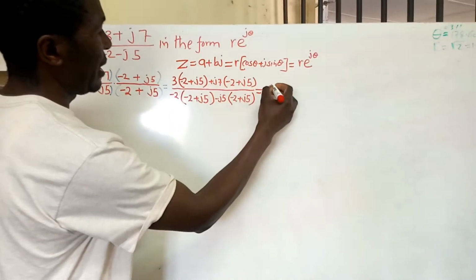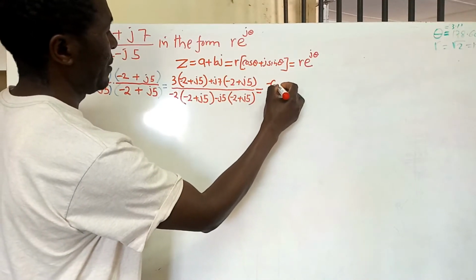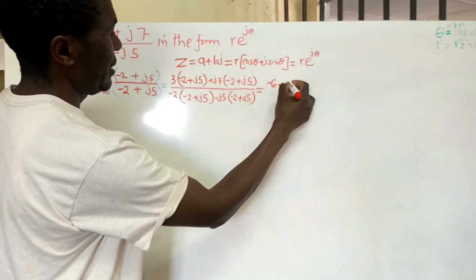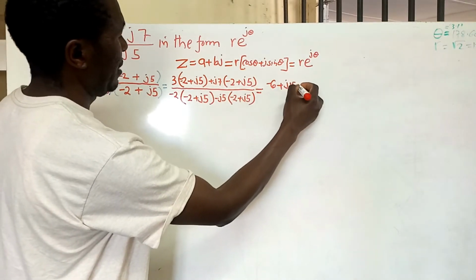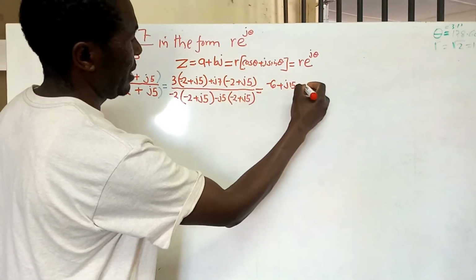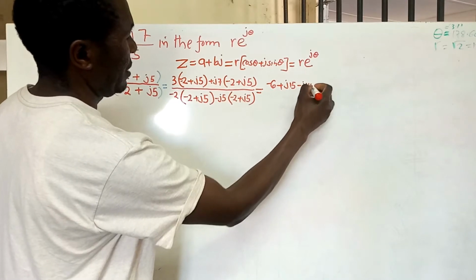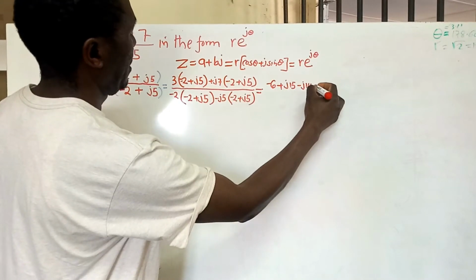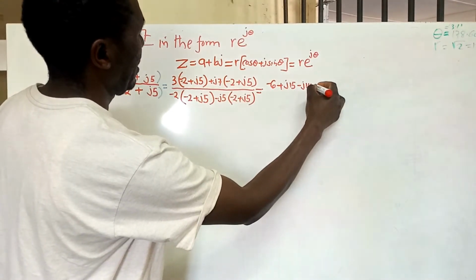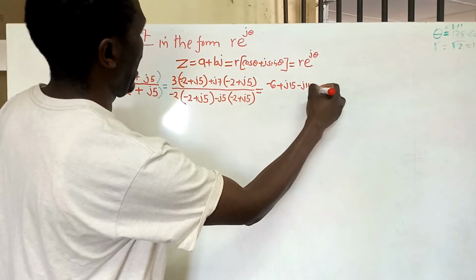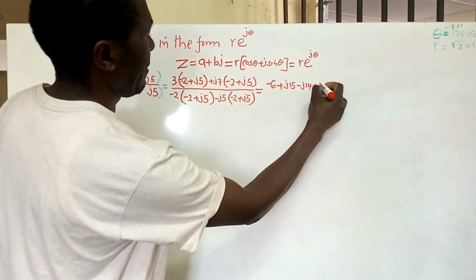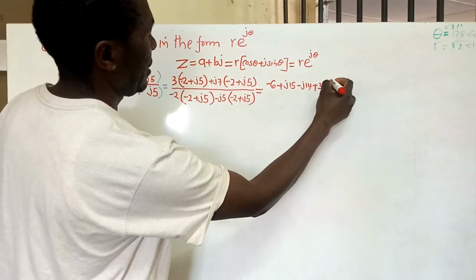This times that becomes -6 plus, this times that is j15. This times that is minus j14. This times that becomes, you can write first as plus 35 j squared.